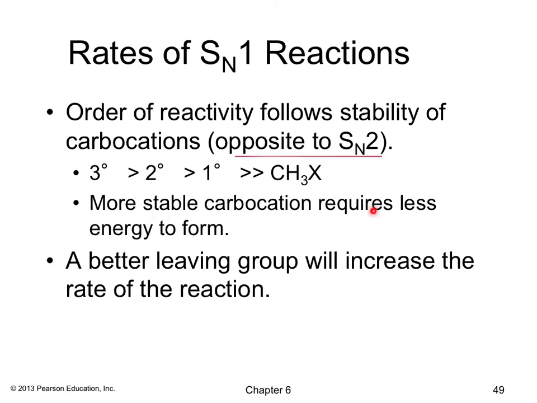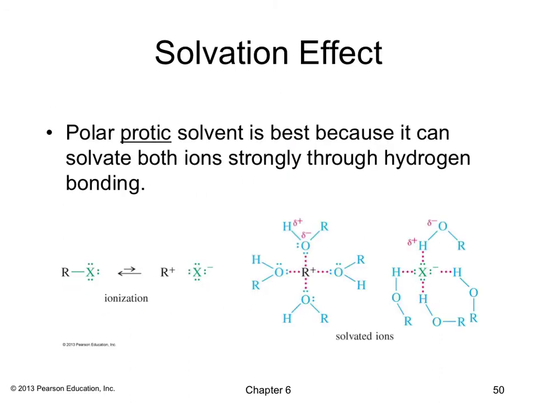More stable carbocations require less energy to form, and a better leaving group will increase the rate of reaction. If we look at solvation effects, the best types of solvents for an SN1 reaction are polar protic solvents. The reason is that they are able to stabilize both the cation as well as the anion, as shown here with an alcohol, with the cation and anion.